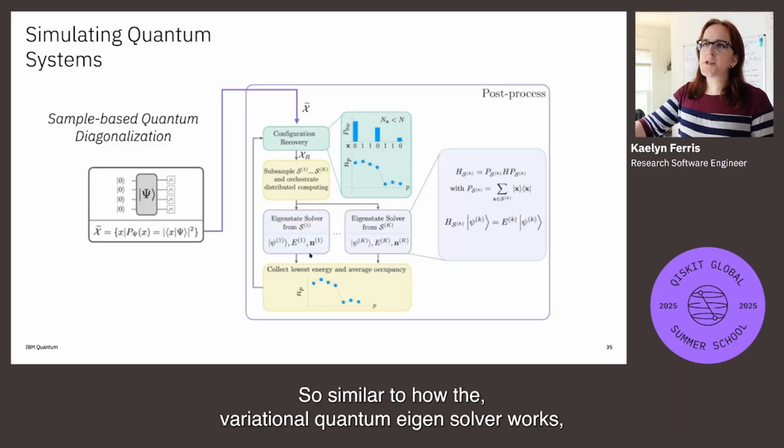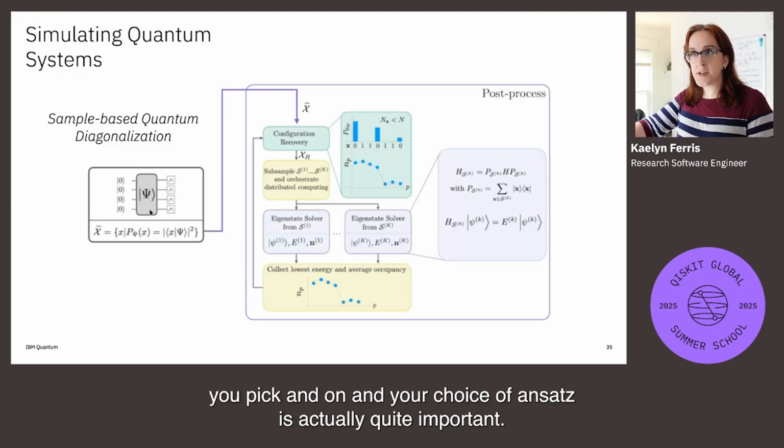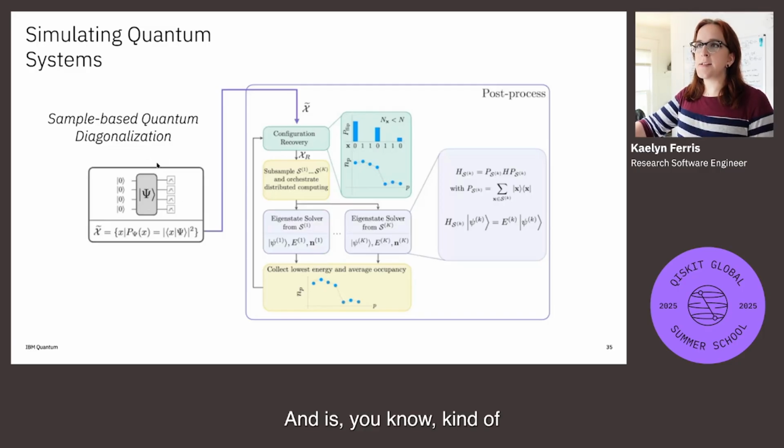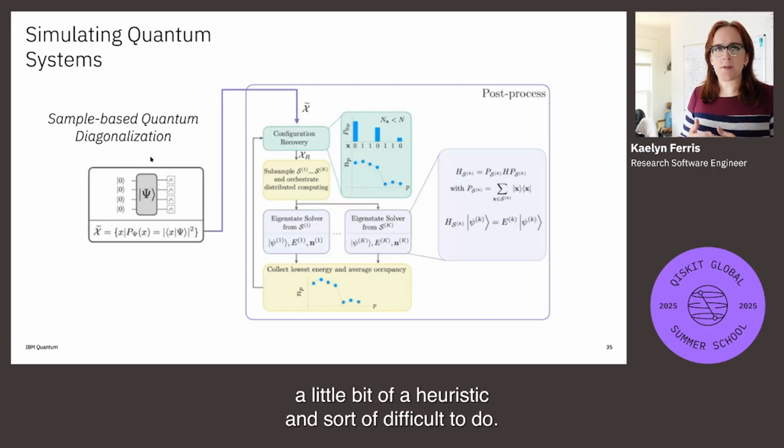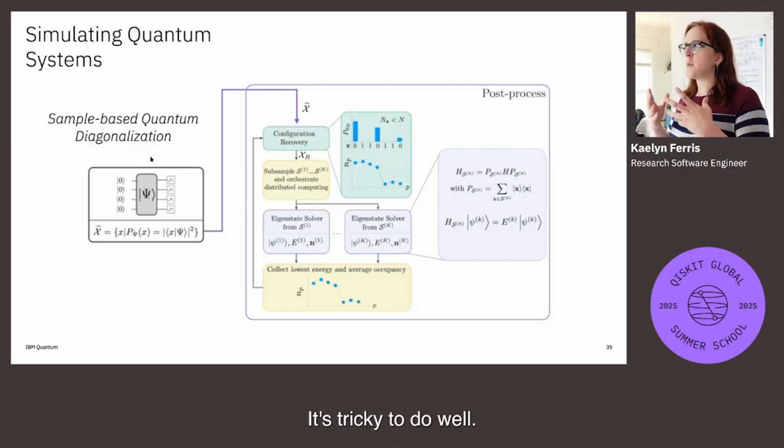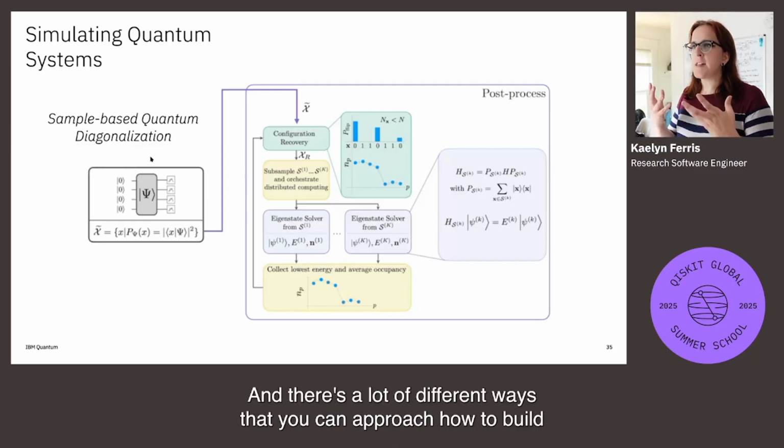Similar to how the variational quantum eigensolver works, you pick an ansatz, and your choice of ansatz is actually quite important, and is a little bit of a heuristic and difficult to do. It's tricky to do well, and there are a lot of different ways that you can approach how to build up an ansatz.